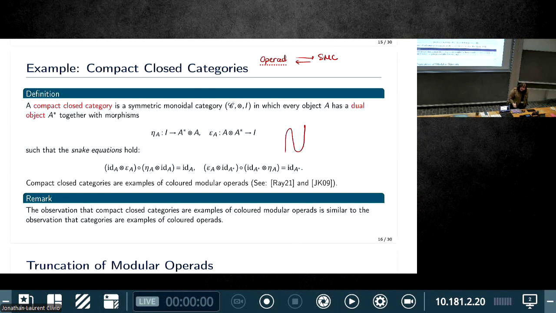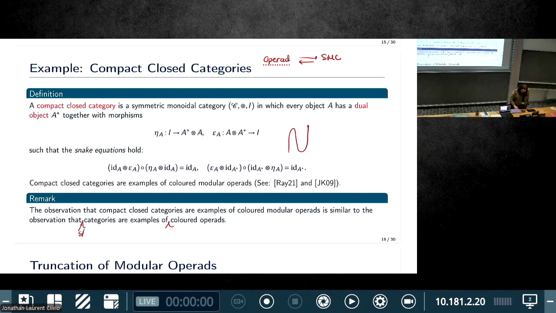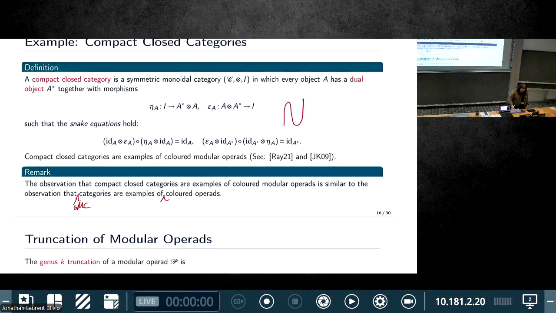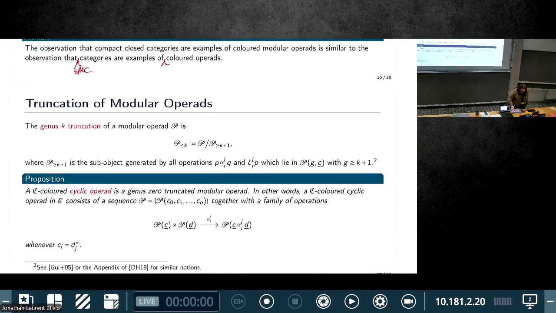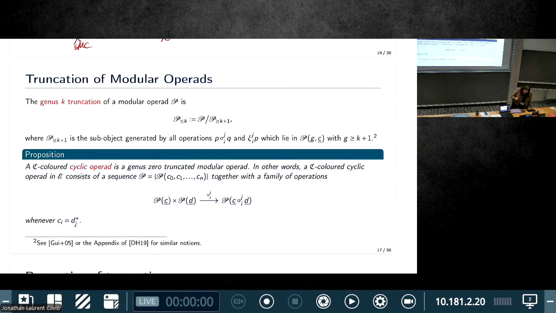Okay. So I will correct this. All right, that's my correction. What we're going to play with a lot is the genus of the operations, where we can kill off some of the higher genus things.